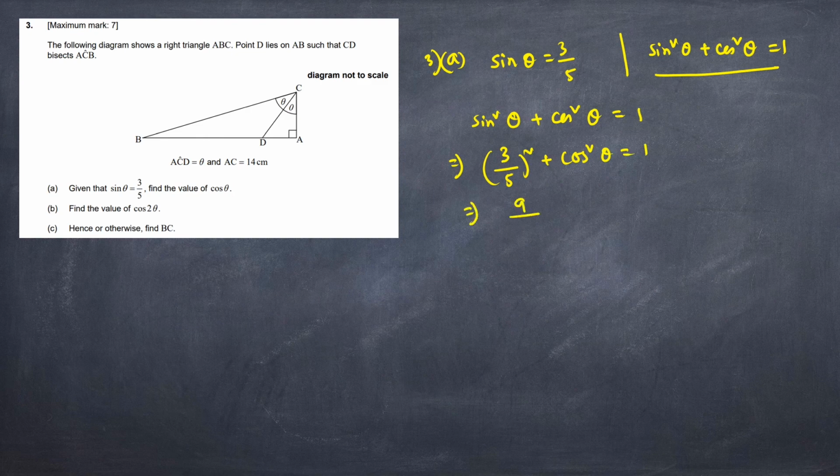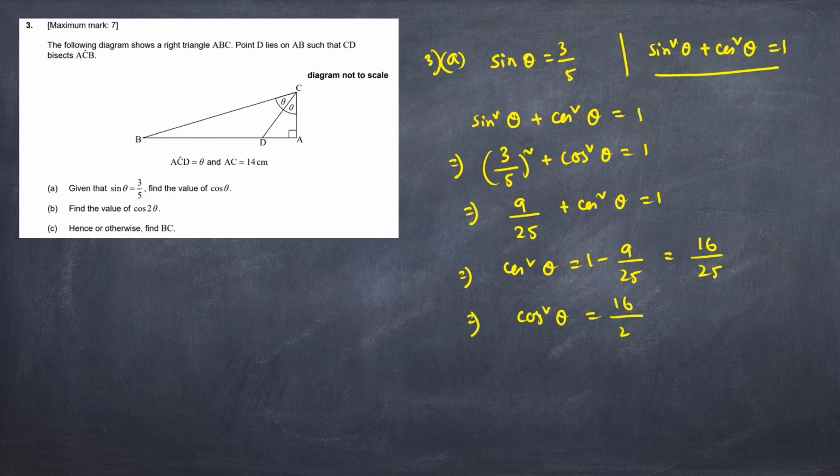So 9 by 25 plus cos square theta is equal to 1. We can write cos square theta is equal to 1 minus 9 by 25, which is 16 by 25. So cos square theta is equal to 16 by 25.